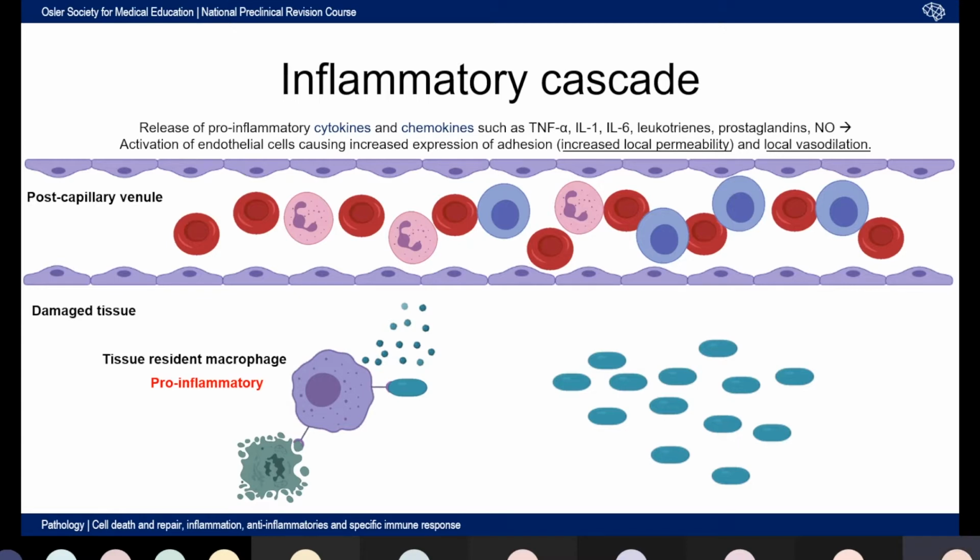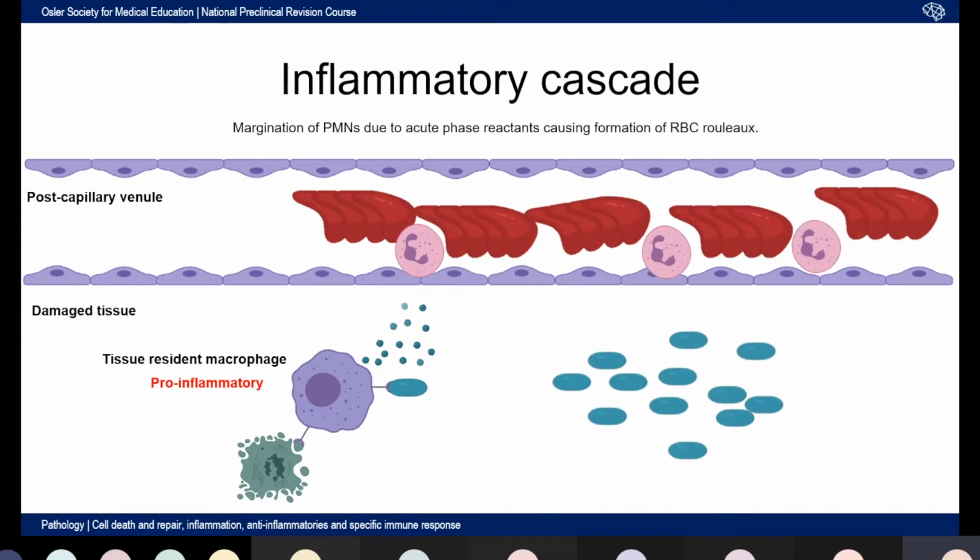There are also other cytokines released, like NO and prostaglandins, and all of that contributes to increased migration of these cells in order to deal with these pathogens.